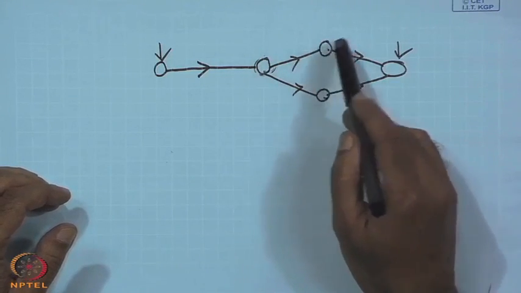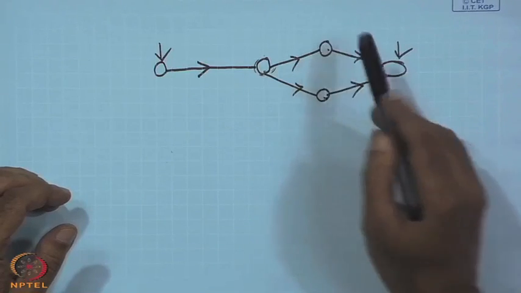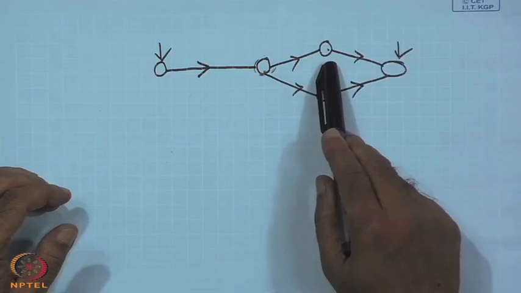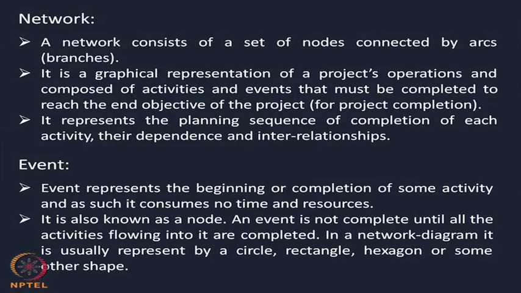In a network diagram, as I am showing you, the activity or the event is usually represented by a circle, as I have shown here. It may be a rectangle, a hexagon, or some other shape. Let us see this one, as I have written at last: it is represented in a network diagram by a circle, rectangle, hexagon, or some other shapes.